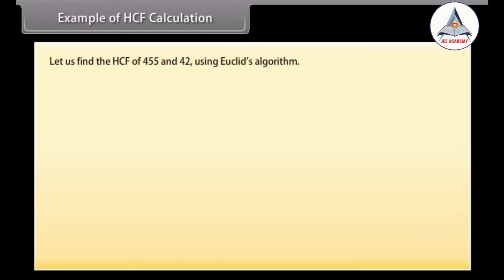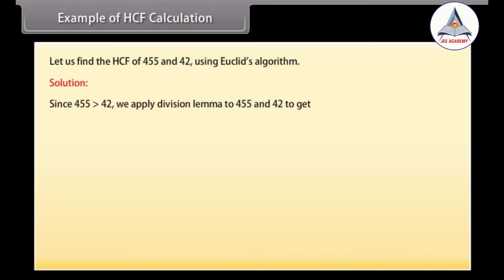Example of HCF calculation. Let us find the HCF of 455 and 42 using Euclid's algorithm. Solution. Since 455 is greater than 42, we apply the division lemma to 455 and 42 to get 455 is equal to 42 into 10 plus 35.